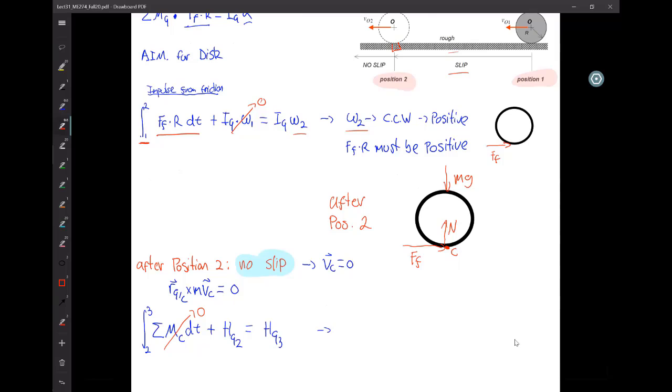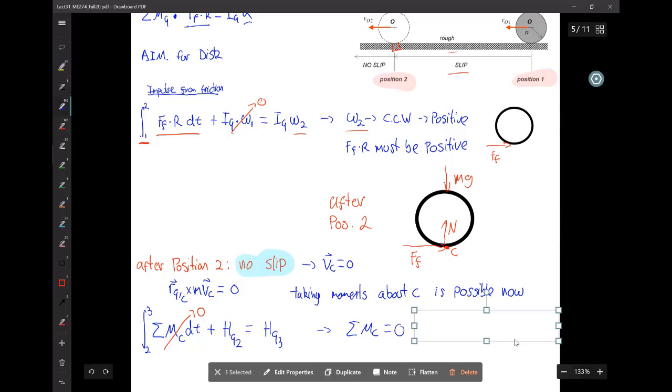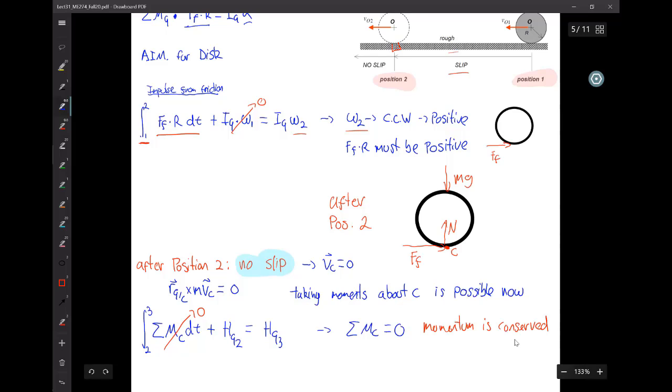Now, for having that impulse be 0, we need our moments to be 0, right? And that is working fine because we're taking moments about point C. There is no force that is causing any moment if we take moments about point C, and hence our momentum is conserved.